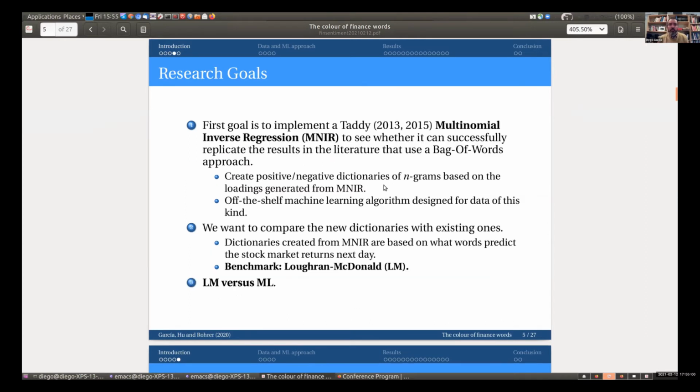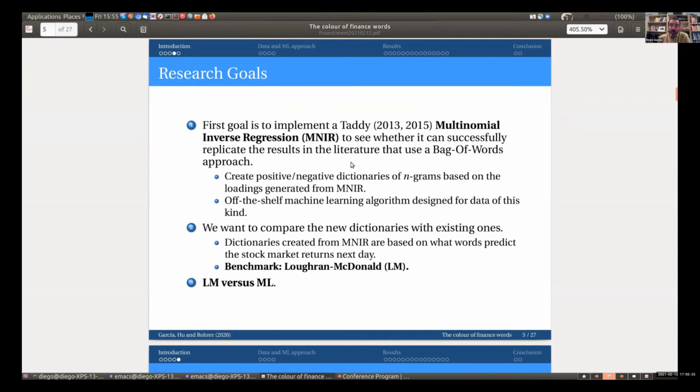So what are the details of what we're doing? We're going to feed this multinomial inverse regression model, off the shelf, implemented in R by Taddy, very easy to run. All the results I'm going to show you today, I can run on my laptop. So it feels kind of cheating to call this machine learning if you can run it on your own laptop, but I guess at some point it was.